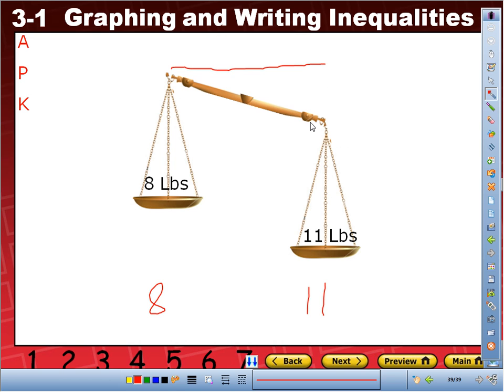Do you see the arrow? Yeah, the arrow is pointing that way. Do you guys see it? So if I was to read this, 8 is less than 11. Are we there so far? So this is what we're going to use for this lesson. Make sure you remember the scale. That's going to clarify it for those of you who get confused with which way the arrow goes. Hopefully this will clarify it.